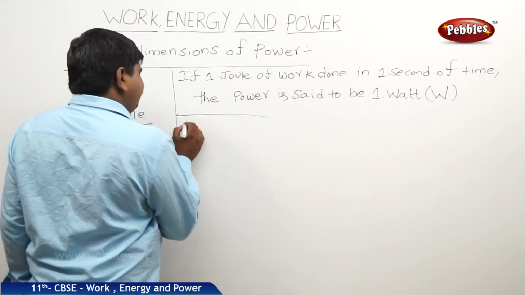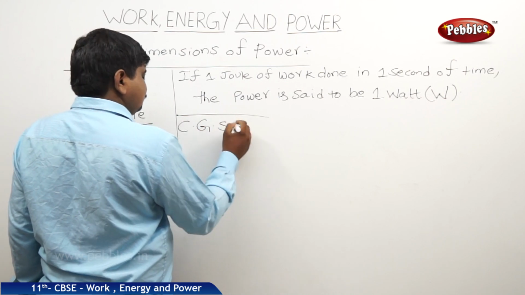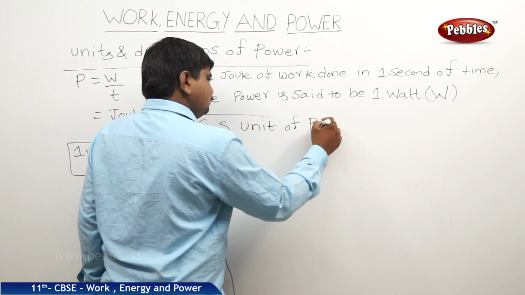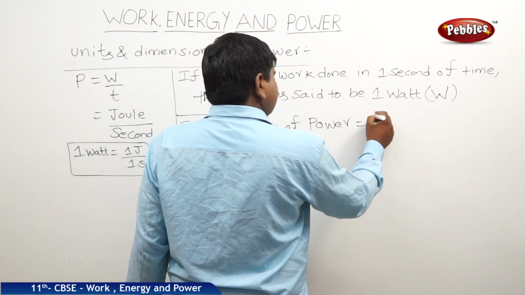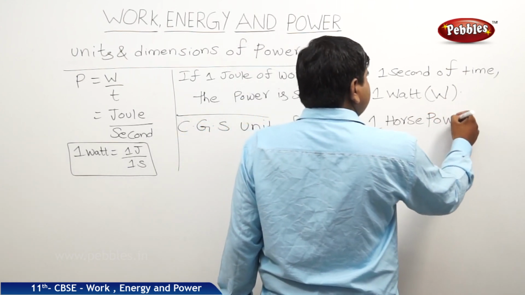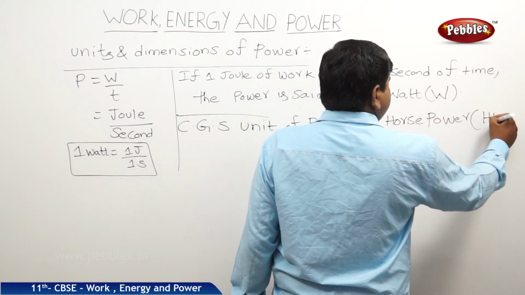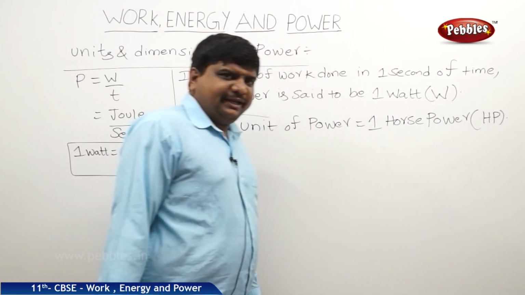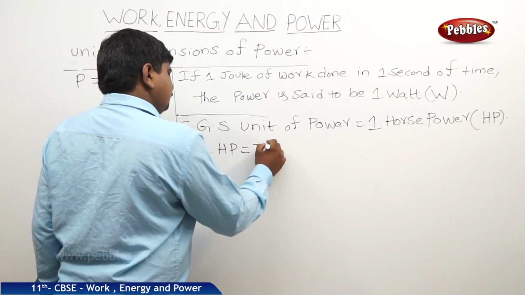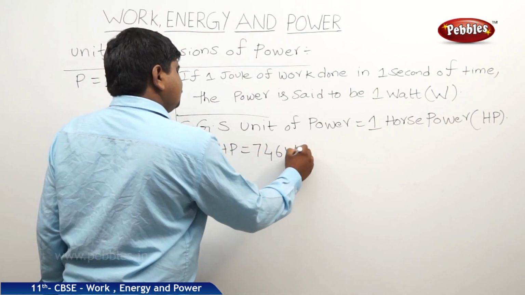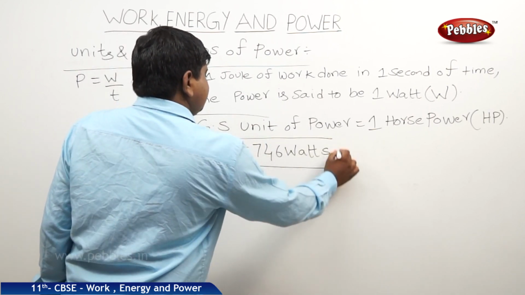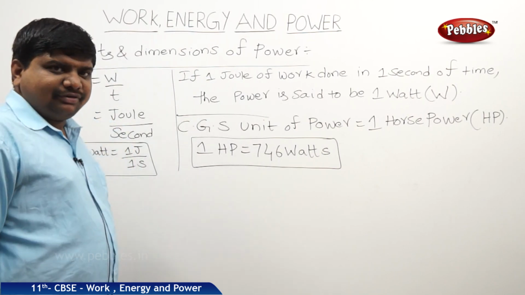The CGS unit of power is horsepower. In symbols, it will be represented as HP. One horsepower is equal to 746 watts. So this is the conversion from CGS system of units to SI system of units.